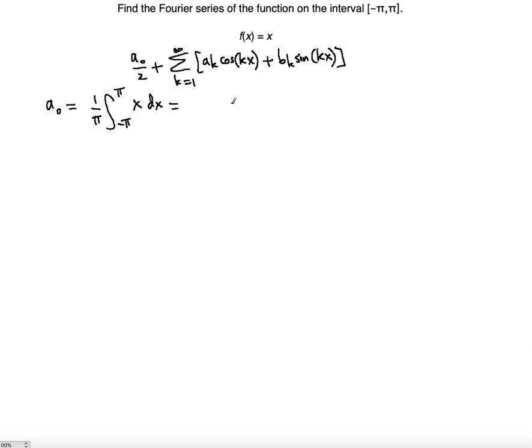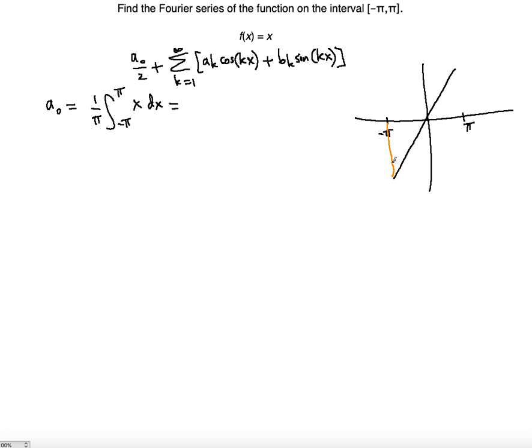So you can use a trick if you want, but this is not a hard integral to use a trick. But the trick would be the following. If you see the function x, imagine this is negative pi and this would be pi.